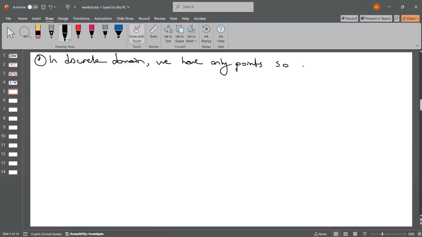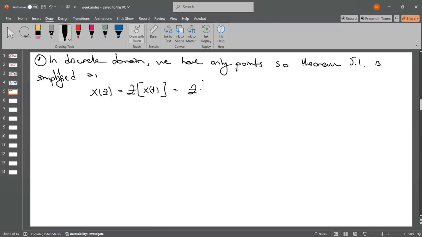So, theorem 5.1 is simplified as X(z) equals Z{x(t)}, which equals, just remember the previous lesson, we have the sampling period, right? This x(t) can be created with kT. What's the T, Abdulhamid?